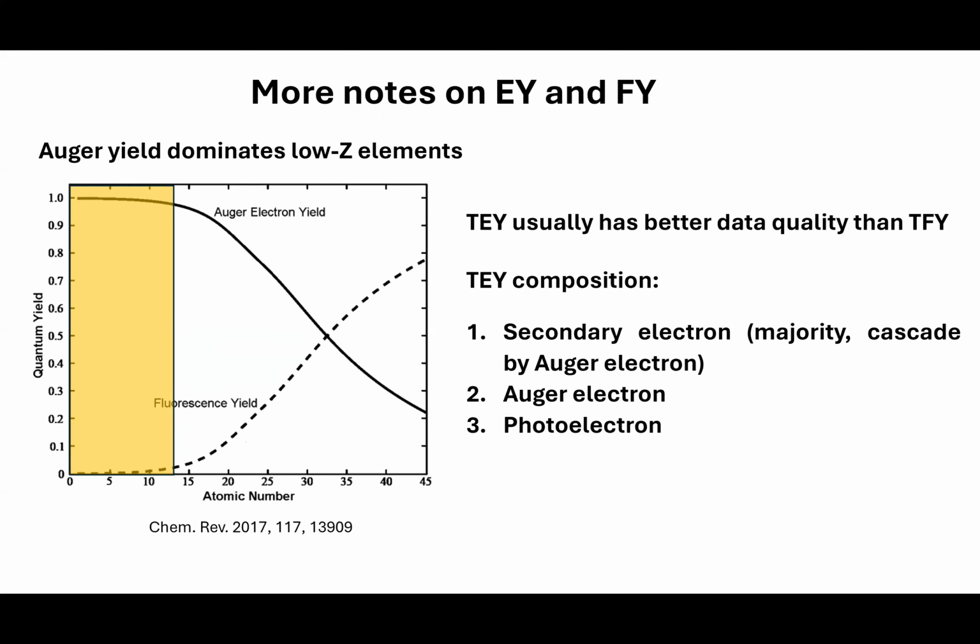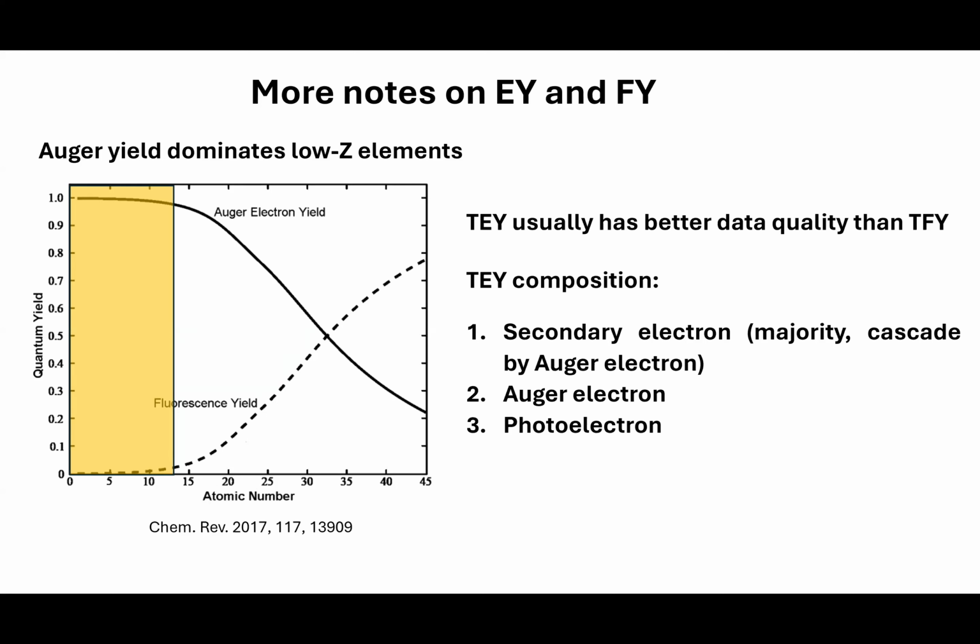We need to fill up this hole and shake up the whole system, releasing the energy either in the form of an electron or in the form of a photon, right? But the important thing is they do not have equal probability. The probability of yielding a photon and the probability of yielding an electron can differ significantly.